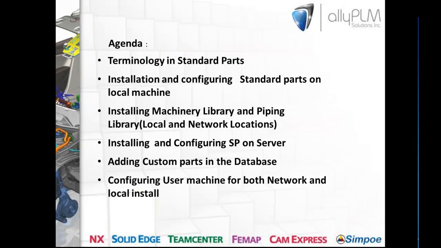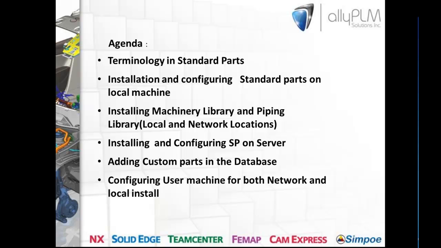Now, as far as the agenda for today is concerned, first of all, I'll be covering some terms which I'll be using in today's session about standard parts, and then once we go over that, I'll start with the installation and configuration of standard parts for both local machines, that refers to your node lock licenses, and also for your servers.